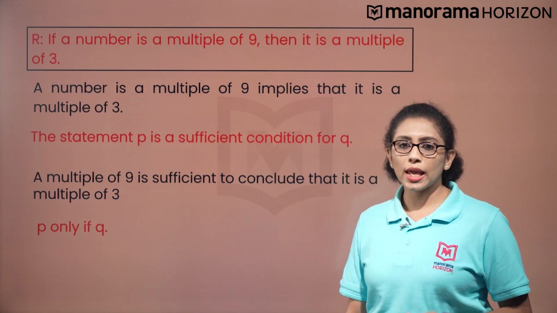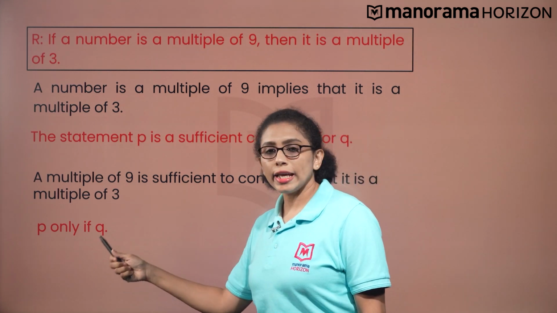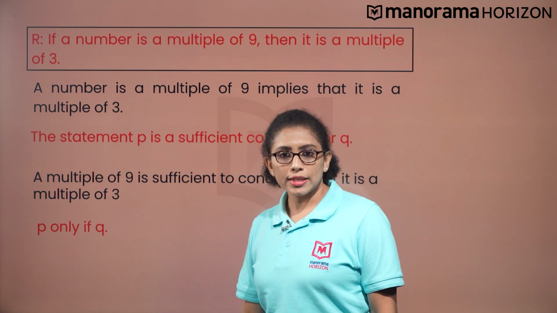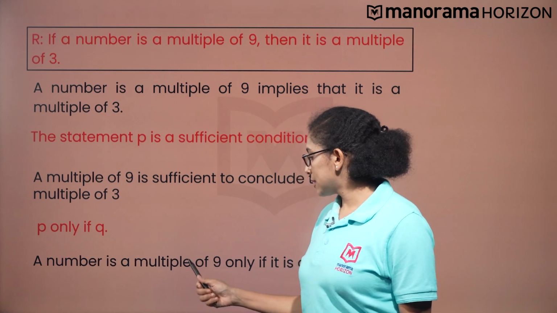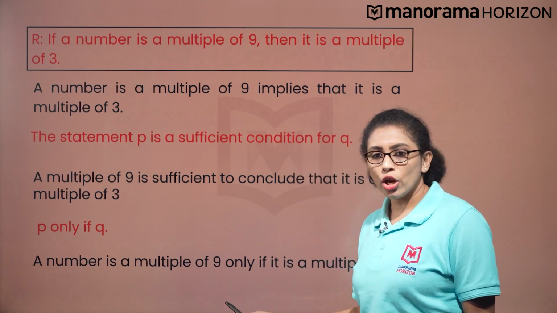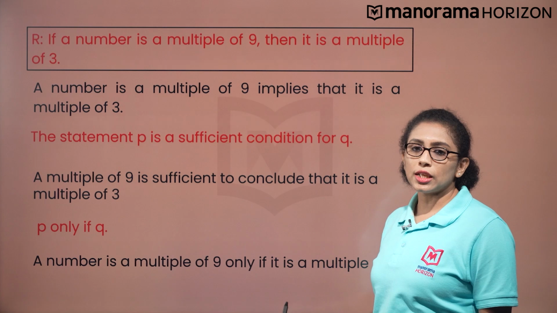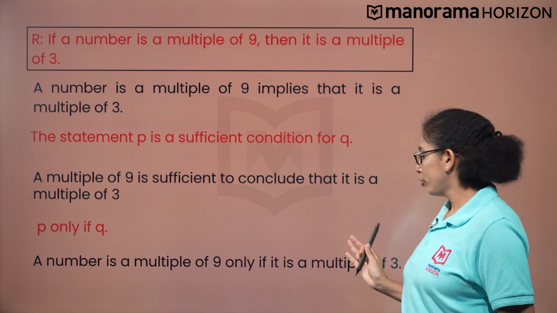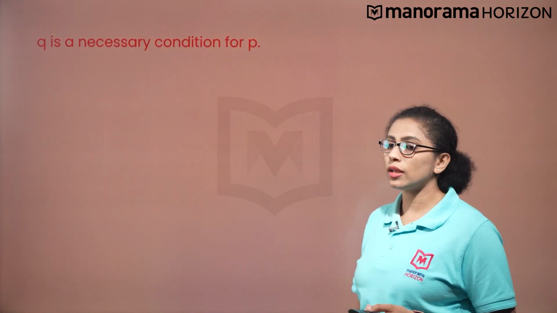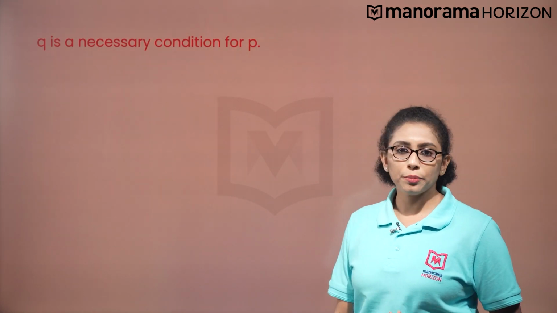Then we can say P only if Q. This says that a number is a multiple of 9 only if it is a multiple of what? 3. Next, Q is a necessary condition for P.